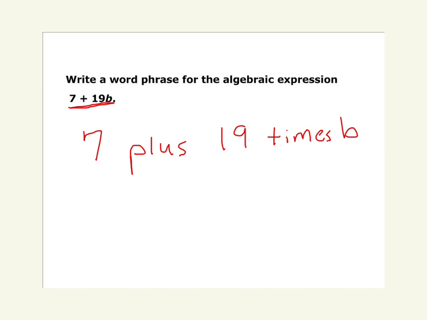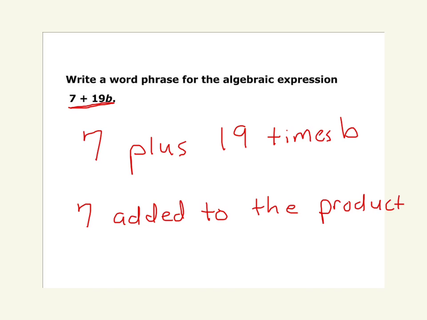You could also say maybe 7 added to the product of 19 and b. Anyway, there's several of them you could use for this, but that's just a couple of the examples. Alright, I think that wraps up this lesson. Good luck.